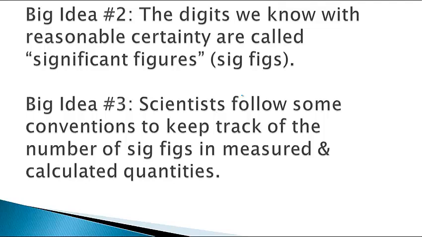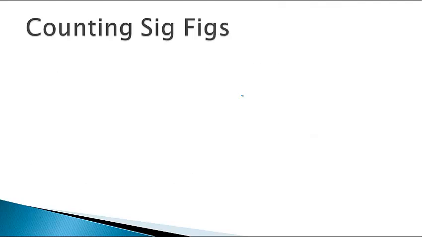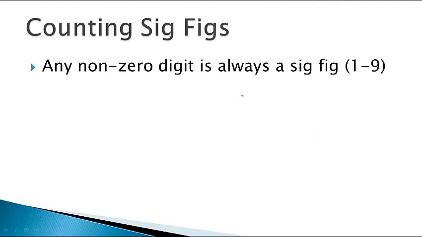So to keep track of uncertainty, we're going to use this system called significant figures, or sig figs. There are just some conventions that we're going to follow. So today, we're just going to talk about what those conventions are. When you see a number written on a page, you should assume that any non-zero digit is a sig fig.